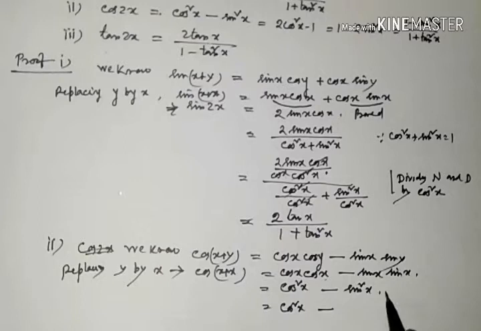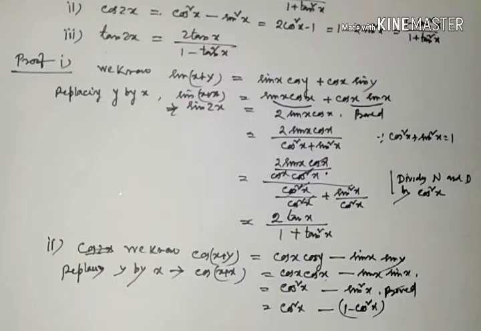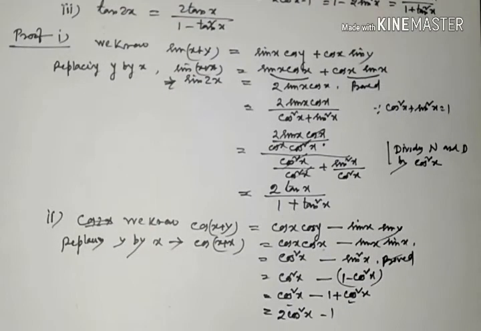We convert sin square x as 1 minus cos square x. This is cos square x minus 1 plus cos square x, that is 2 cos square x minus 1.